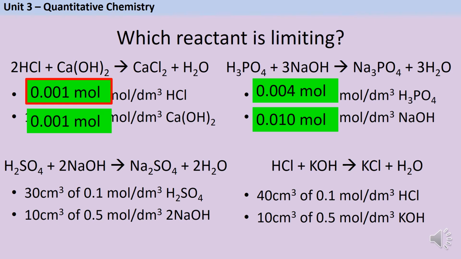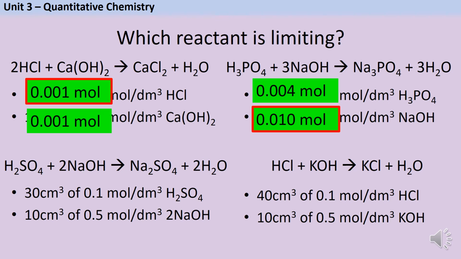So if I then look at these numbers, I can see from my symbol equation that I need 3 times more sodium hydroxide than phosphoric acid. So my 0.004 moles of phosphoric acid would actually need 0.012 moles of sodium hydroxide to react with, and I don't have that. So the sodium hydroxide is limiting.